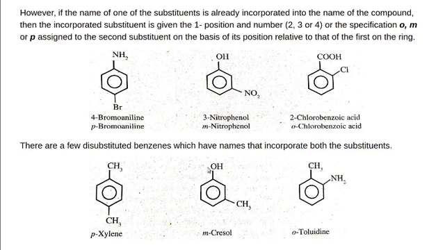If there is a benzene ring with an OH group and a CH3 group, that is known as cresol. Then if there is a third substituent, you should give the position of that substituent only. Then this is toluidine. That means the compound contains a CH3 group and an NH2 group. They are in the ortho position, so ortho-toluidine. So this is the naming of disubstituted benzenes.